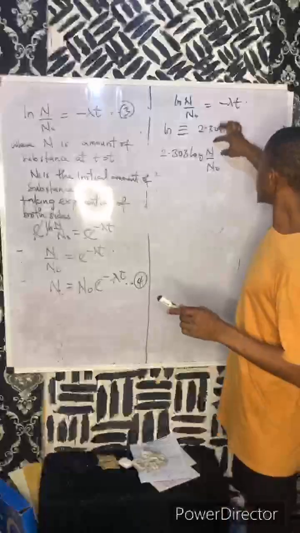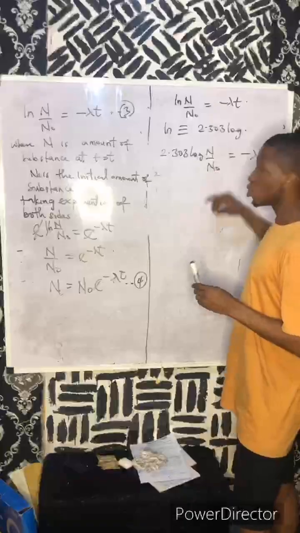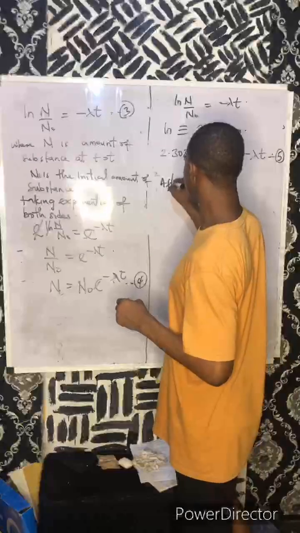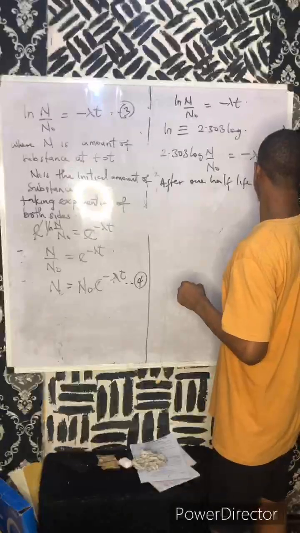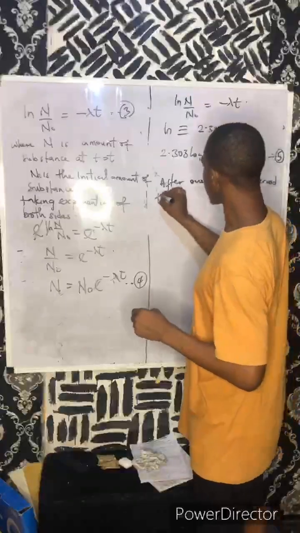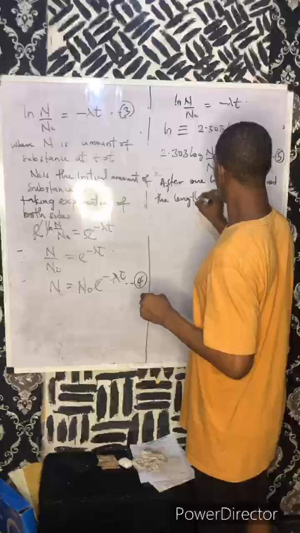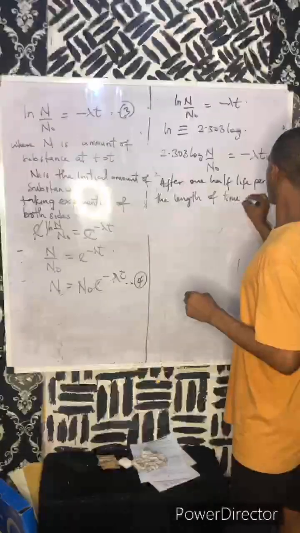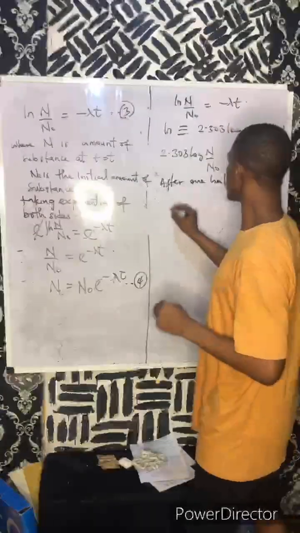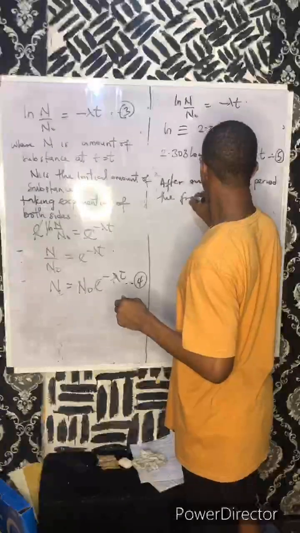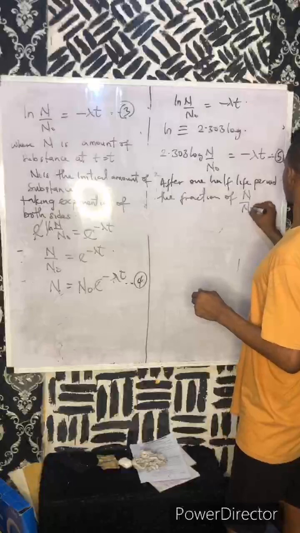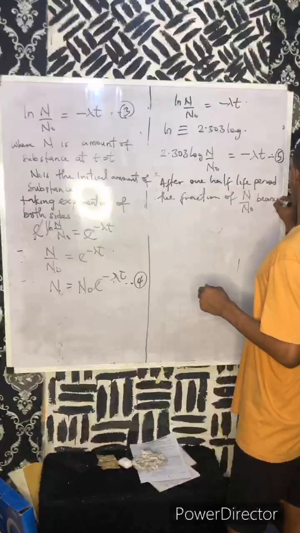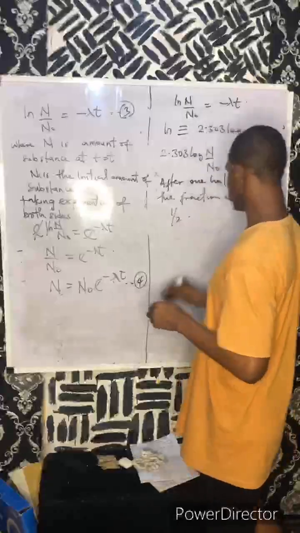So definitely n becomes half of whatever n naught is. With that, I can say that after one half-life period, the fraction of n over n naught becomes 1 over 2.